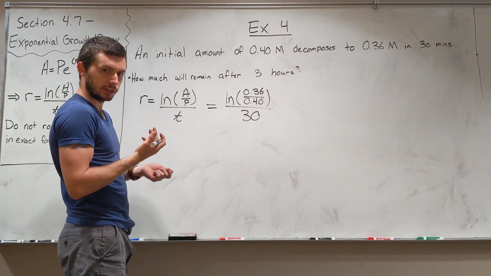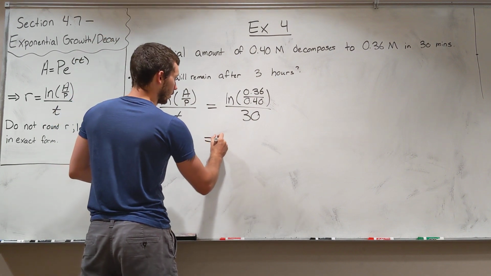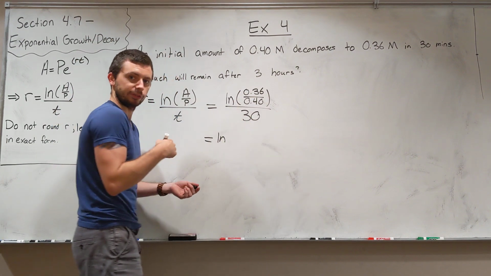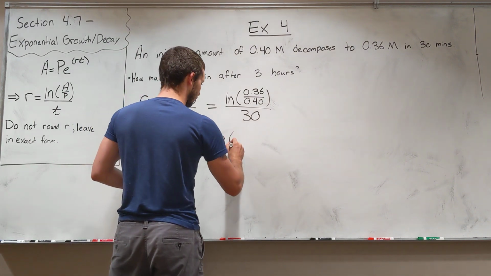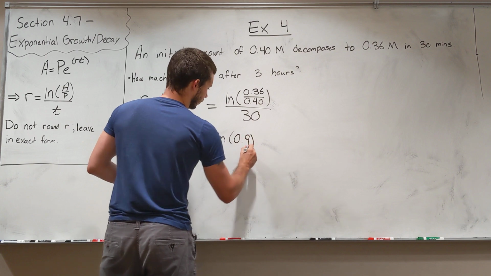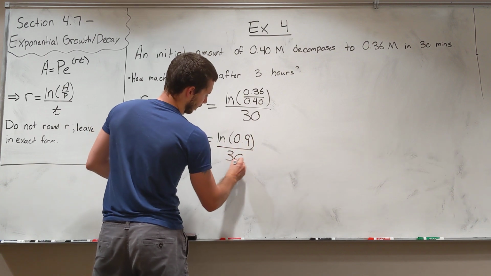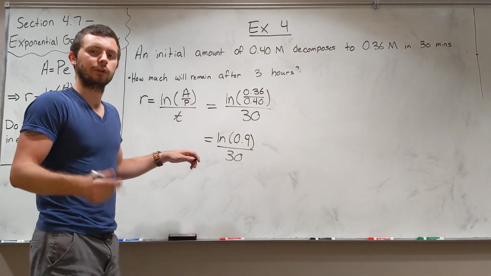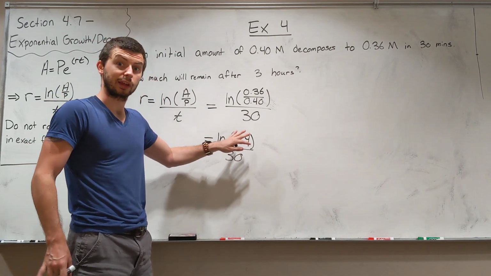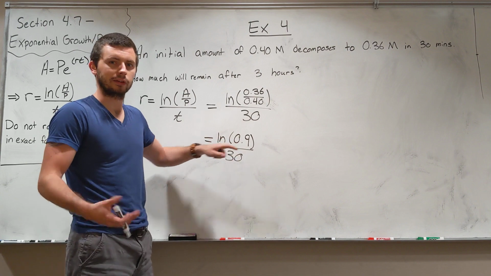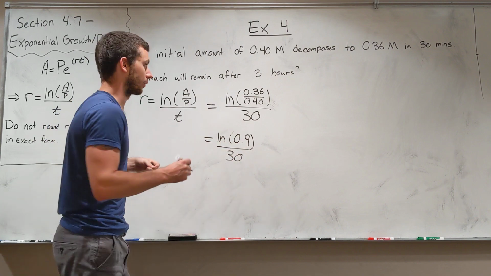I'll clean this up because 0.36 divided by 0.40 is 0.9. I did say not to round, but we can simplify as long as we have nice answers. So 0.9 is a nice finite answer.